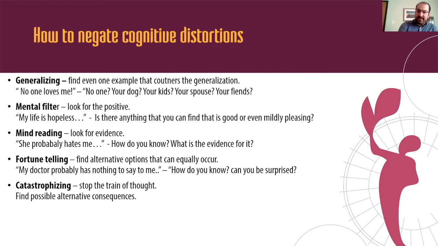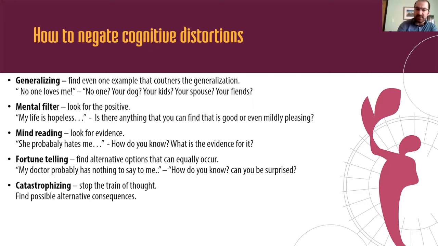And with catastrophizing, which is also kind of fortune telling, we really go all the way down to the worst possible outcome. What we want to do is stop the train of thought and find possible alternative consequences.